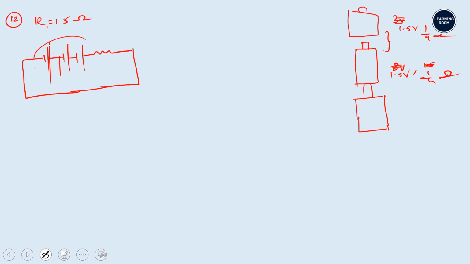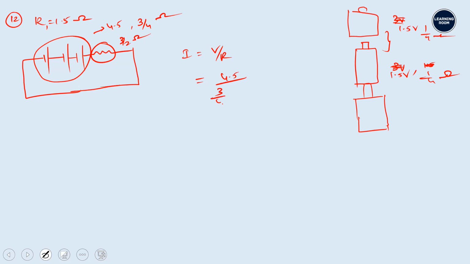So 3 1.5s connected together will give you 4.5, and 3/4 connected together will give you 3/4 of an ohm, and you have 1.5, which is 3 by 2 of an ohm. Right. So what is going to be the current through this circuit? V is equal to IR. So I is equal to V by R. V is how much? 4.5 divided by R is going to be 3 by 4 plus 3 by 2. How much is it?